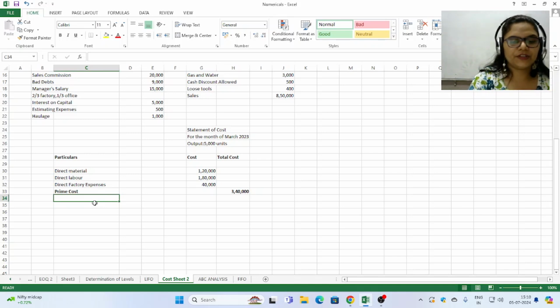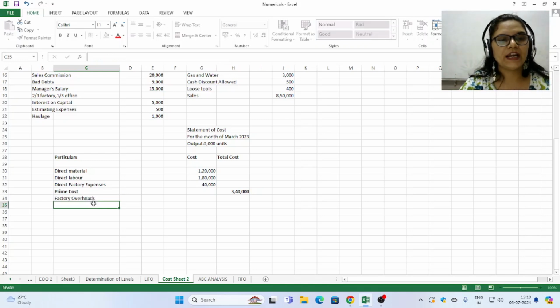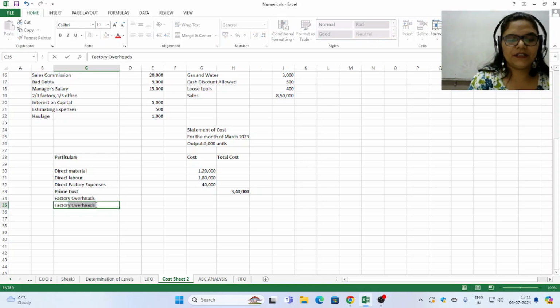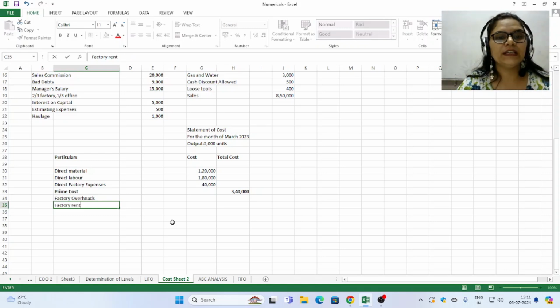Next is factory overheads. We clearly know that after finding out your prime cost, we add factory overheads to the prime cost to find out the factory cost or work cost. You have to identify all those expenses which have been incurred at the factory floor of the firm.